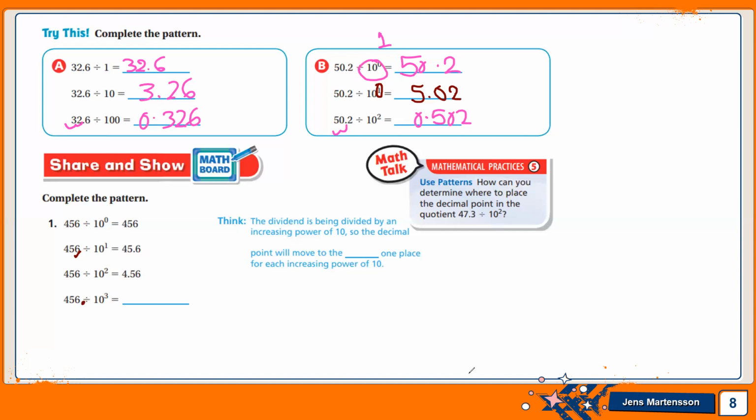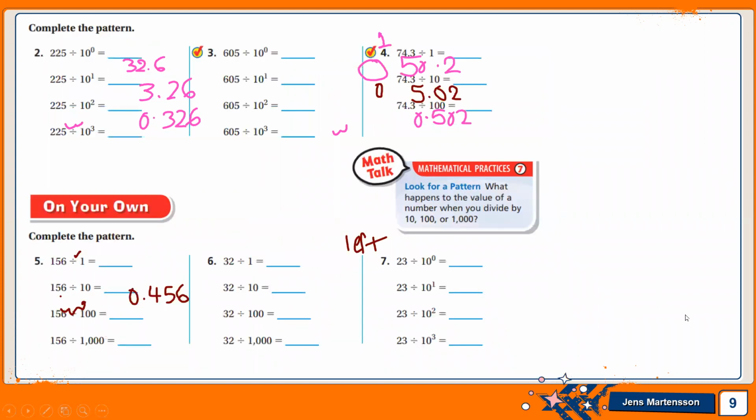So how will it be? You have to move it 3 digits. So it will be 0.456. So you move it to the left. No, you have to go to the left. It's dividing. Thank you.